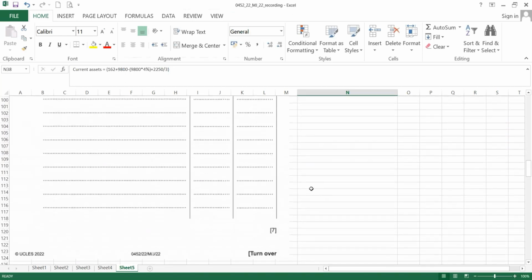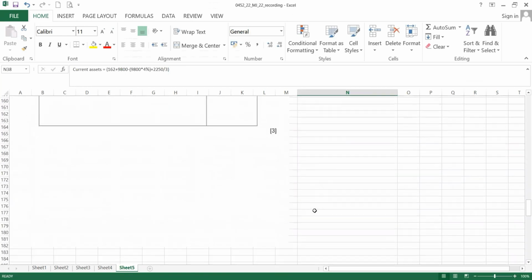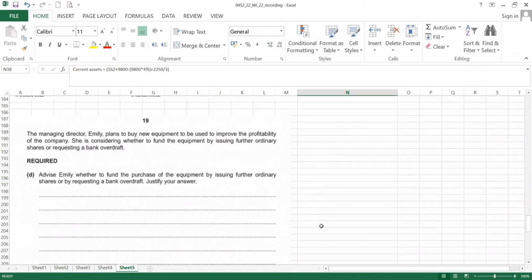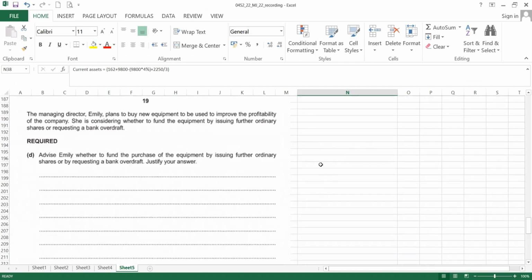Okay, now next is the last part. Okay, the managing director, Emily, plans to buy new equipment to improve the profitability of the company. She's considering whether to fund the equipment by using ordinary share or request a bank overdraft. Okay, advise whether to fund the purchase by using further ordinary share or bank overdraft, with justification.